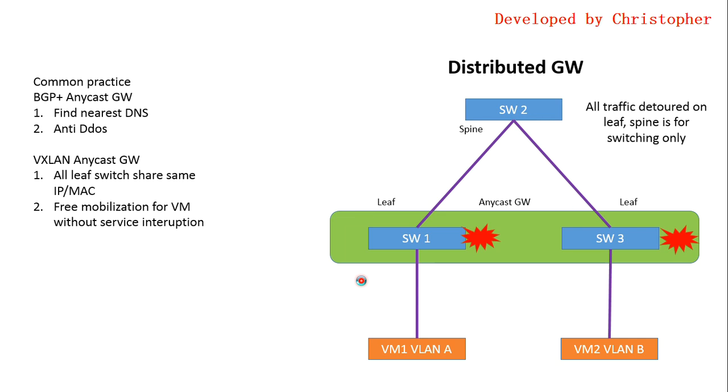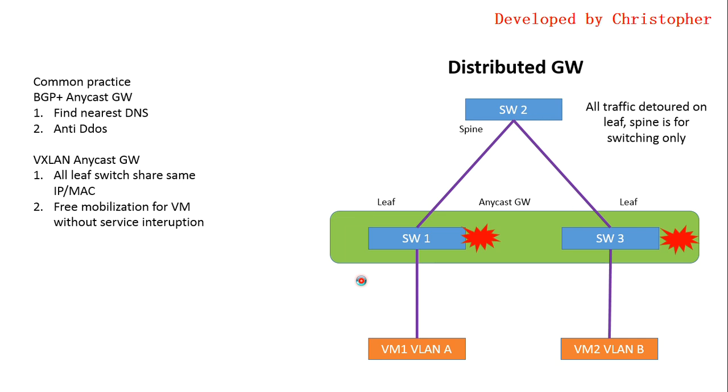The first thing, the Anycast Gateway. An Anycast Gateway is a group of servers sharing the same IP or MAC address. And then BGP, which is based on an IGP such as OSPF, always finds the nearest one. So in the DNS scenario, a client wants to access the DNS, whereas the DNS is located in different places.